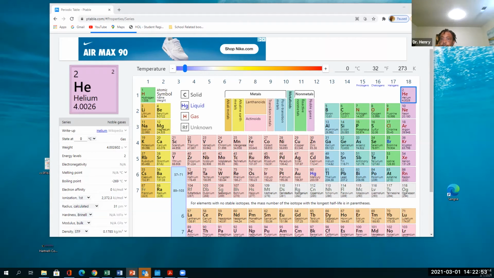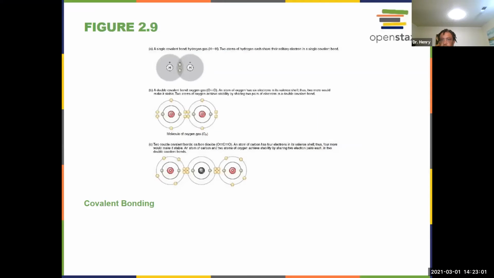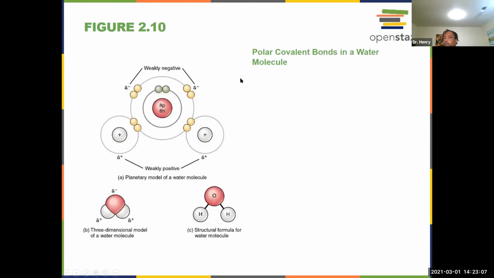Okay, so let's go back. Water, again, is a polar covalent molecule.